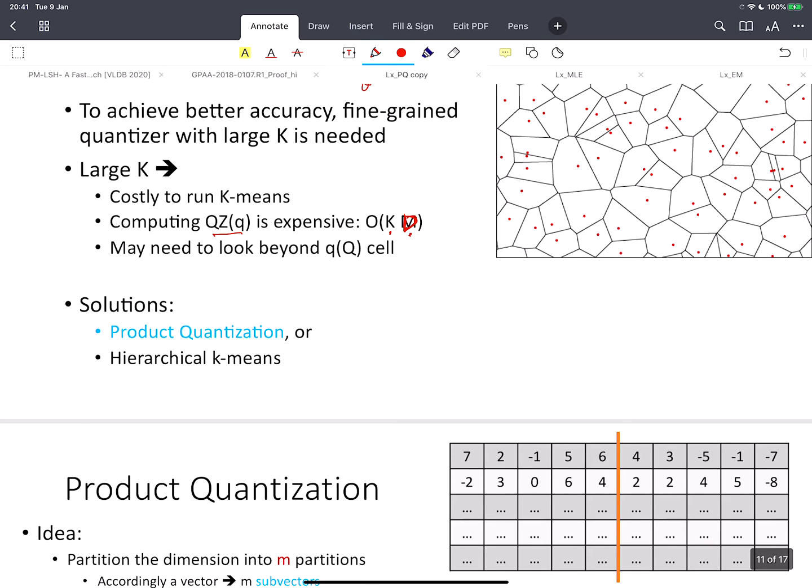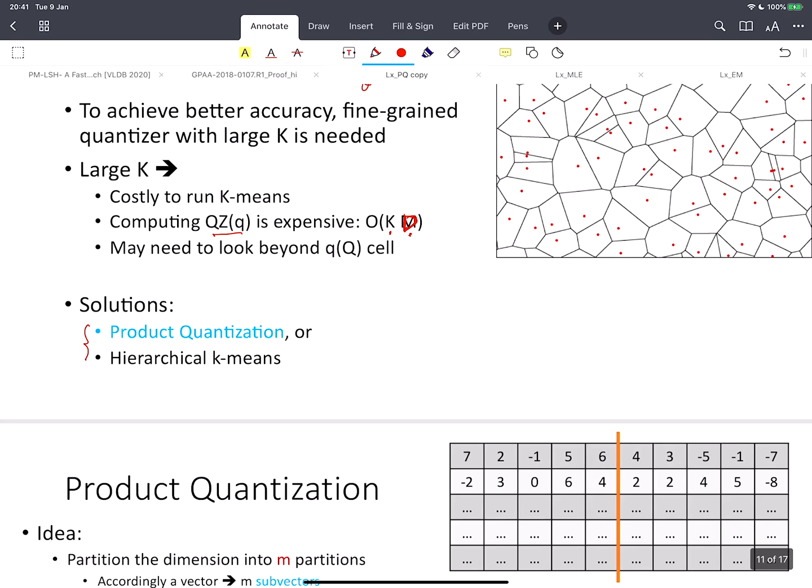So basically it's O(kd). And as we said, when k is large, there are chances that some of the cells have a very small number of points, so you might need to look beyond the current cell. This actually makes things much harder. There are two prominent ways to solve the issue. One is to use the product quantization that we're going to talk about.